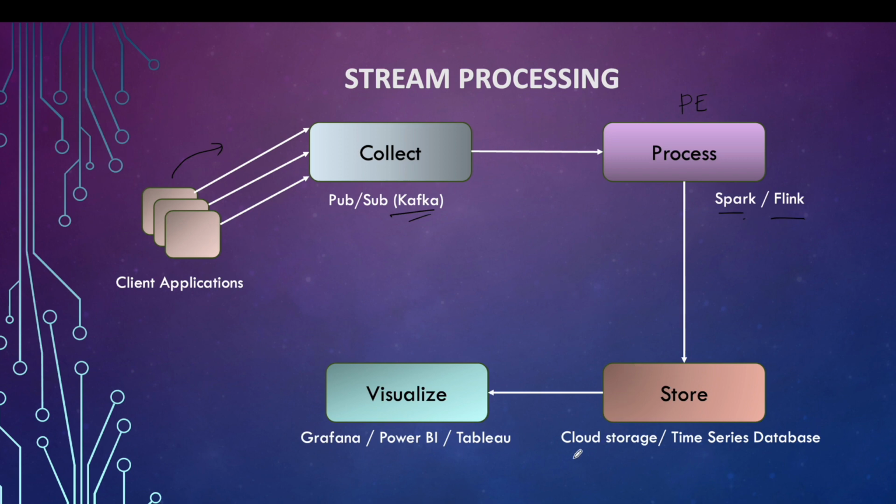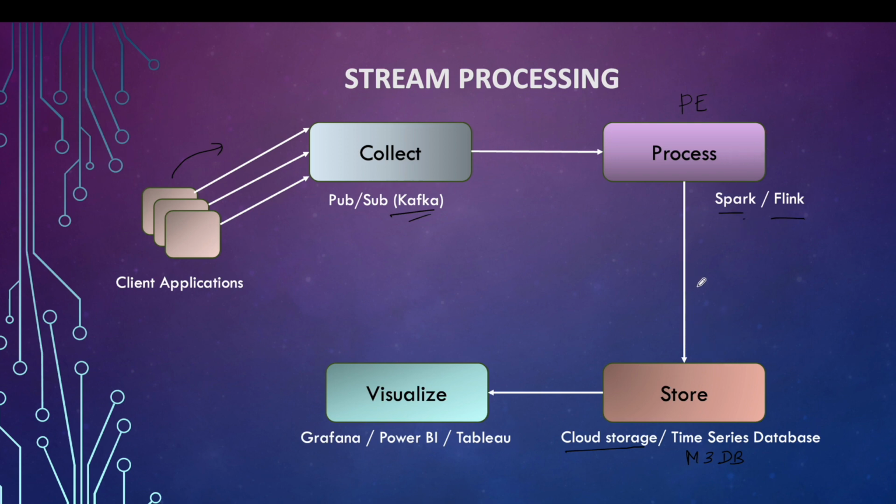Now the sink can be cloud storage like Azure Blob or AWS S3, or it can be a time series database like M3DB. If you are doing a time series analysis, then the results will be stored in the time series database.